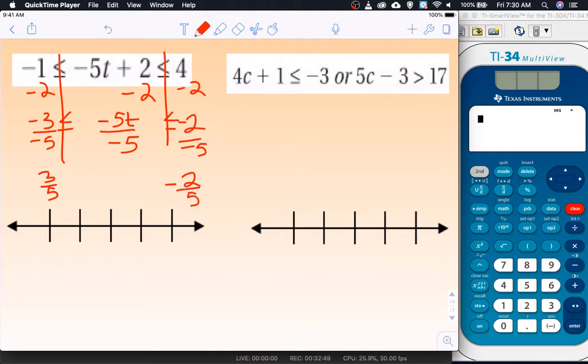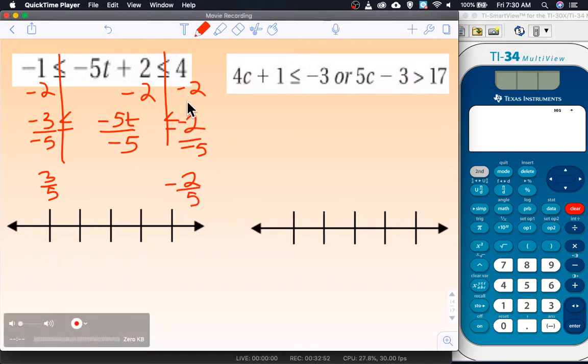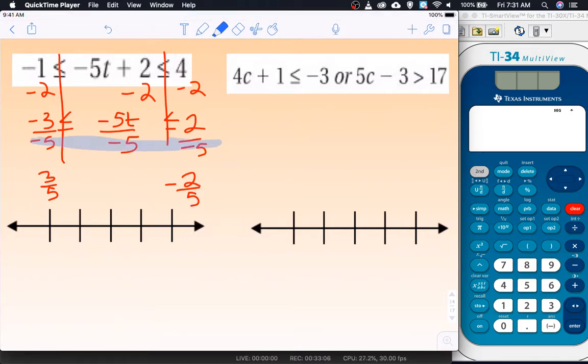Oh, nope. I dropped my negative in the problem here. No, I didn't. It's going to be -2/5. So we got fraction answers, and secondly, because right here we divided by a negative number, we need to change the directions of our inequalities.